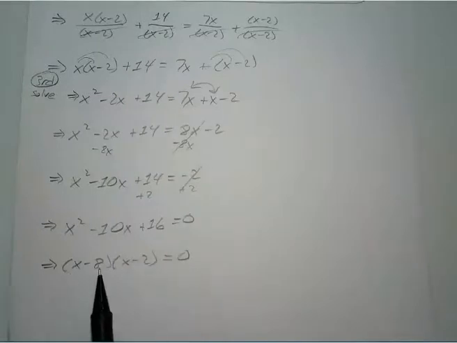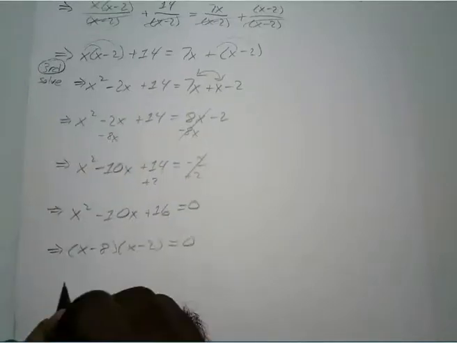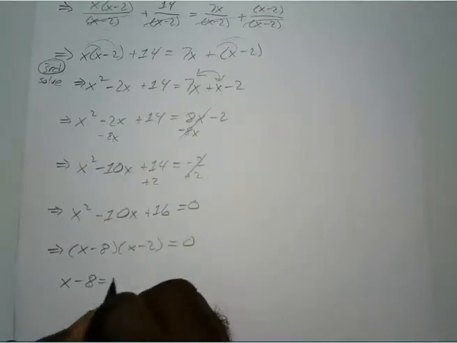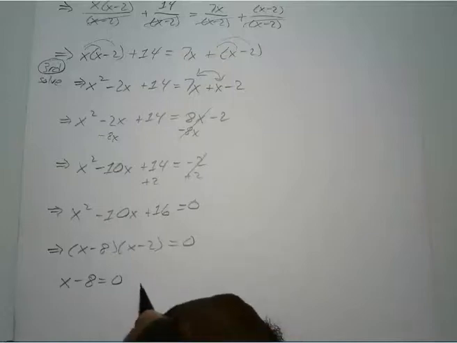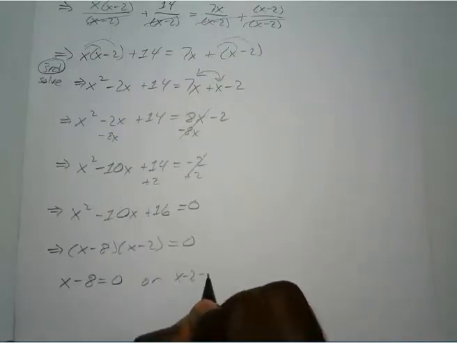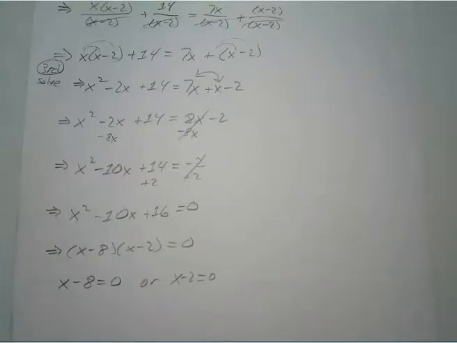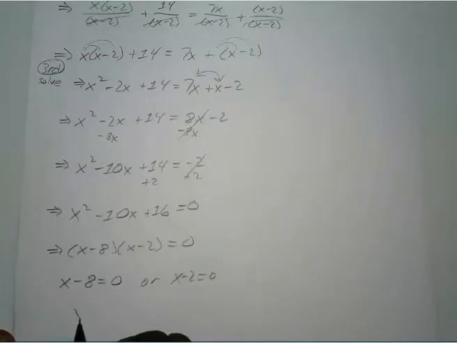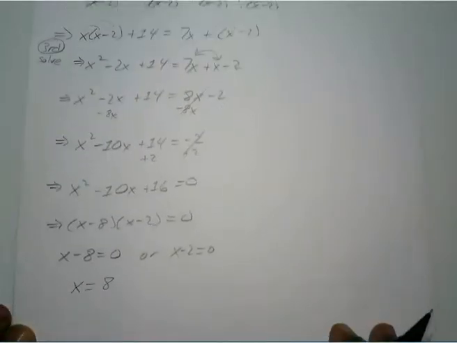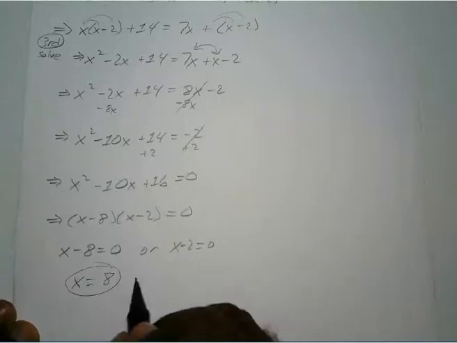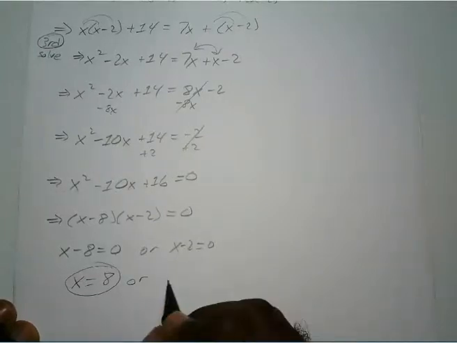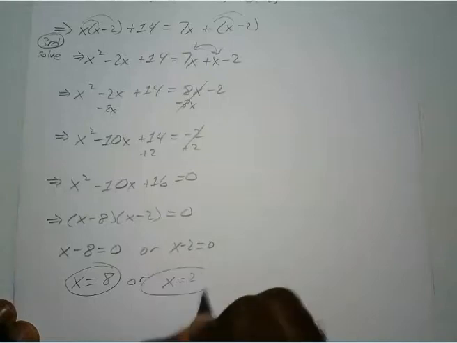If x minus 8 is 0, then 0 times anything is 0. Same thing here: if we turn this to 0, 0 times whatever this is will be 0. So x minus 8 can equal 0, or x minus 2 can equal 0. If we add 8 to both sides, you have x equals 8. Or if we add 2 to both sides here, x can equal 2.